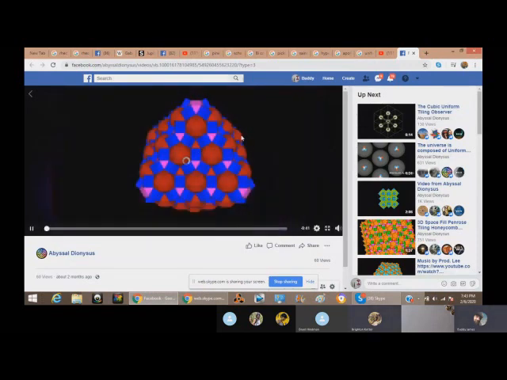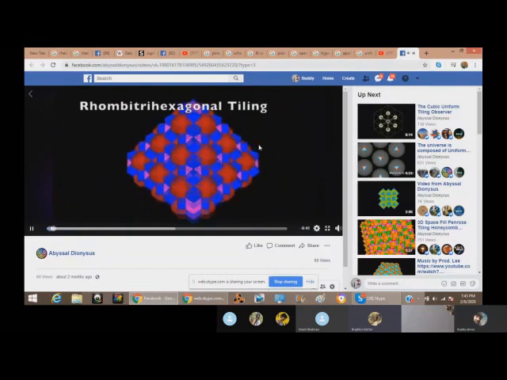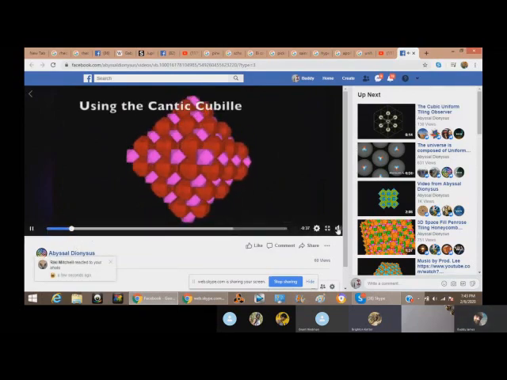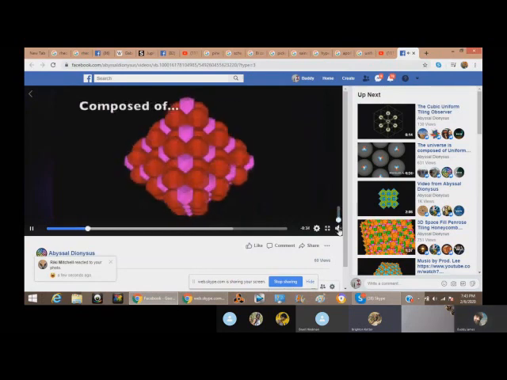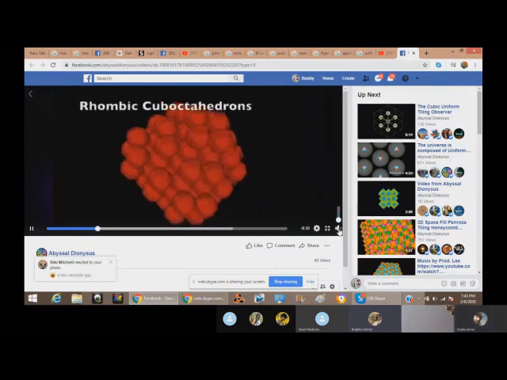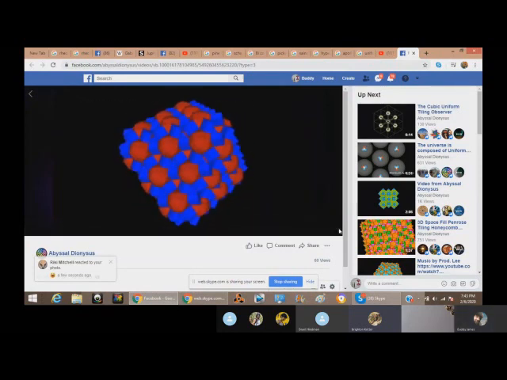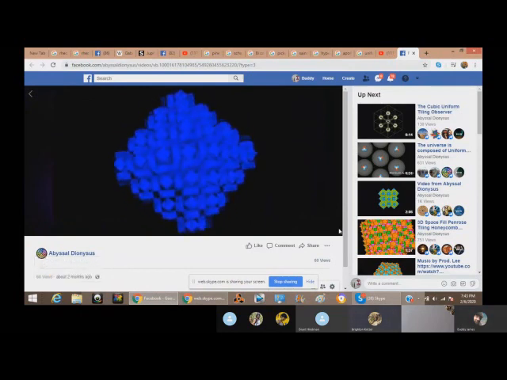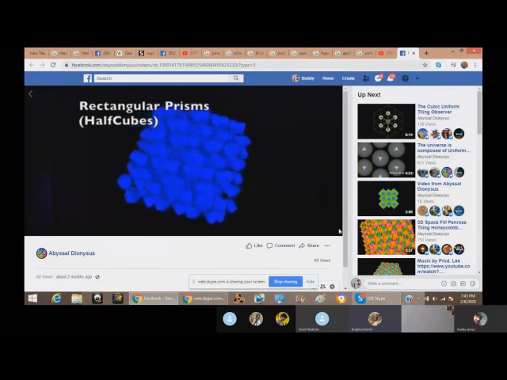Yeah. This is the same rhombotrihexagonal tiling, equilateral triangles, squares, and hexagons, when looking at it in an isometric projection. It only uses 3 colors, same as in the image we were looking at before on Google.